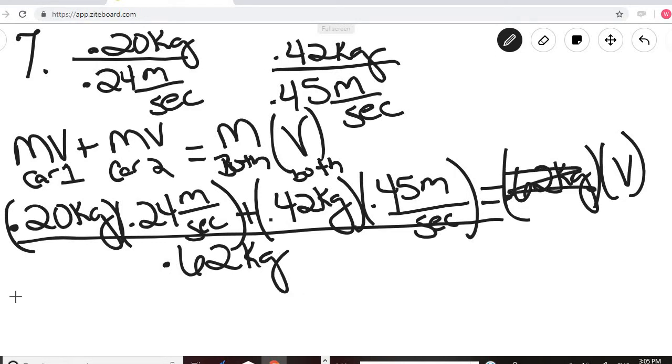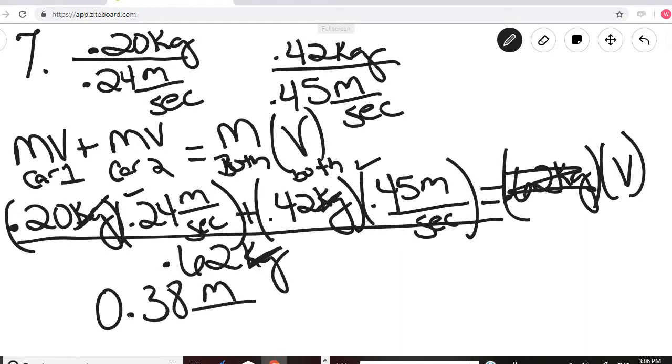So the kilograms are all going to cancel, and you'll be left with meters per second. So this plus this divided by that will give you 0.38 meters per second is the velocity of the two cars when they are stuck together.